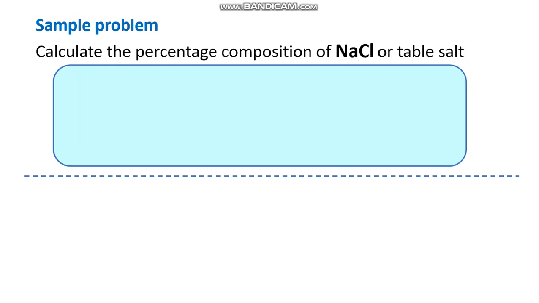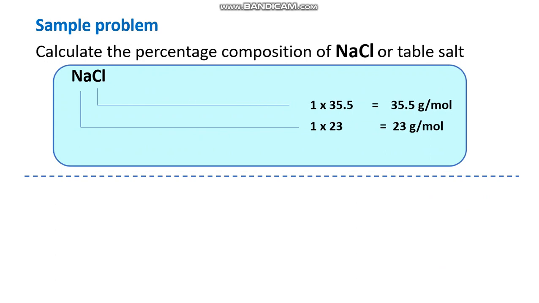Another example that we have is sodium chloride, or table salt. Again, first step, identify the molar mass of the elements involved. Second step, identify the total molar mass of the compound.